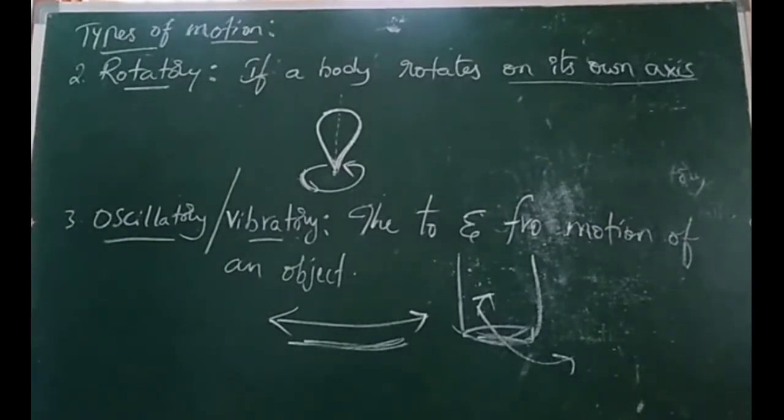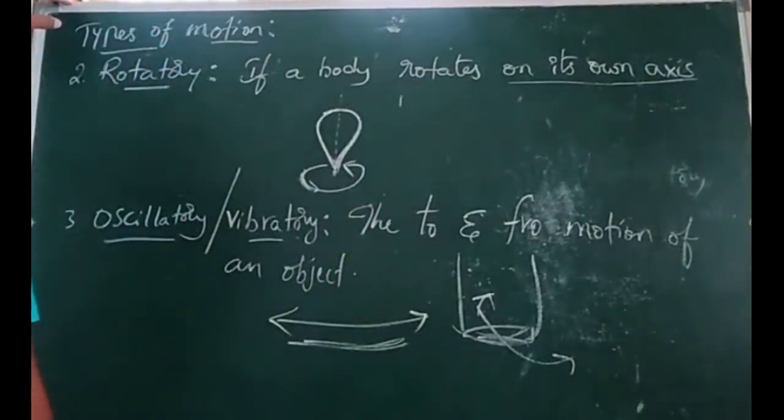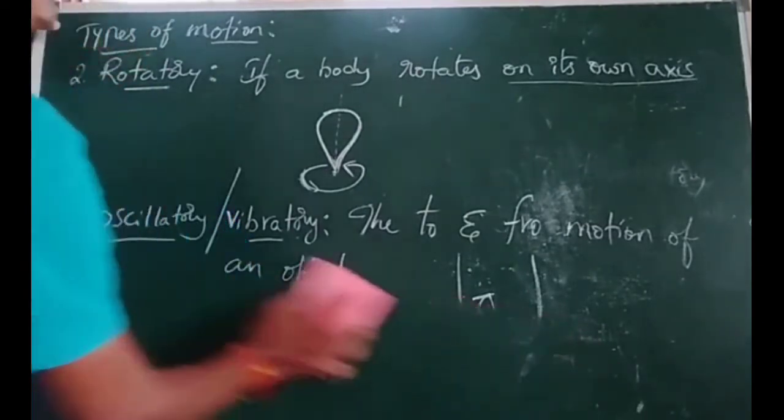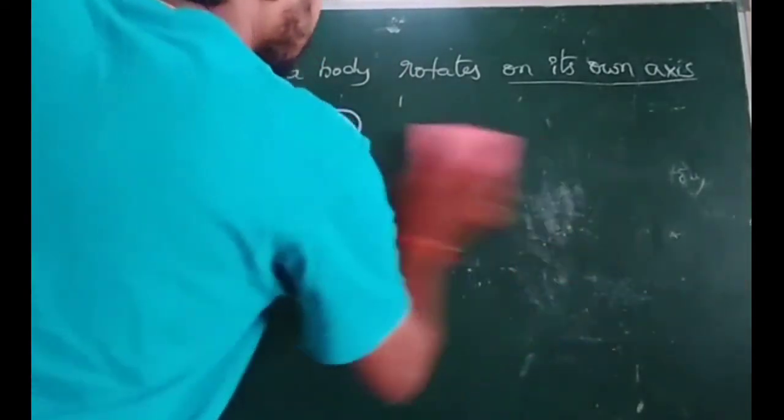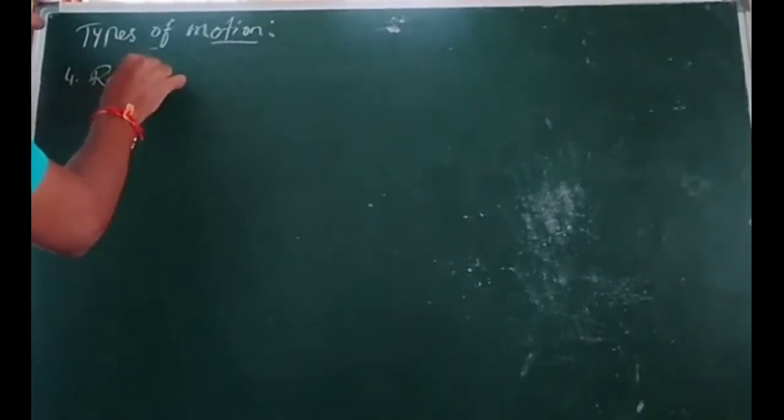And finally there is another thing, that is random motion. Random means we cannot identify the direction of motion. So finally, random motion.